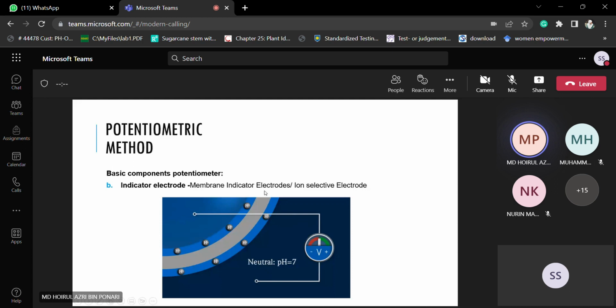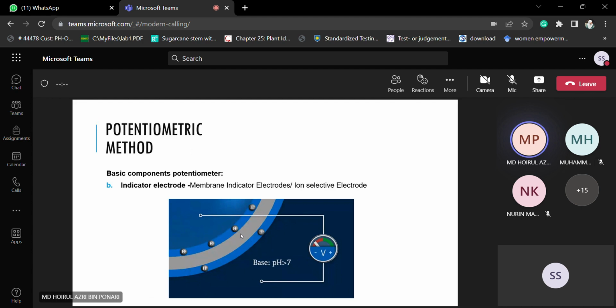So the electrical current that flows in these junction potentials is lower, compared to solutions that contain higher hydrogen ions. So it will detect that the electrical current and the hydrogen ions are the same on both sides, so the pH is 7.